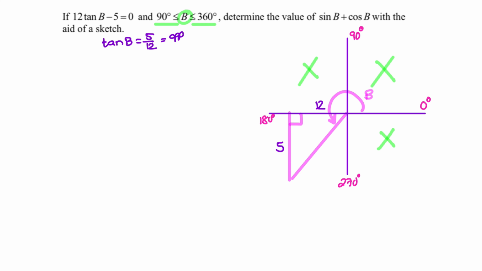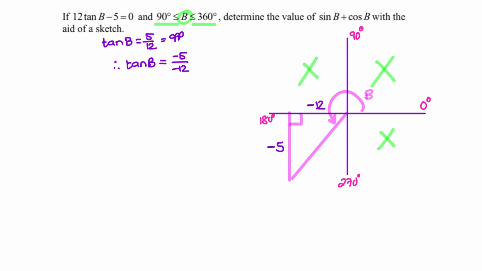But again, if I look at this diagram, we can see that 5 can't be positive, and that 12 also can't be positive, because the 12 is on the negative side and the 5 is below the x-axis, which means that 5 is supposed to be negative and 12 is supposed to be negative. So that means that the ratio of tan b is actually negative 5 over negative 12.